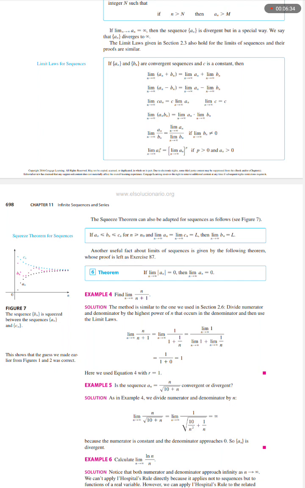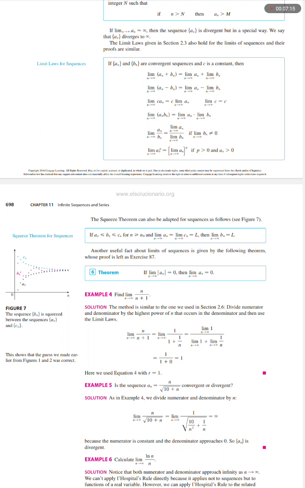If a sub n is less than or equal to b sub n, which is less than or equal to c sub n, for n greater than or equal to n sub 0, and the limit of a sub n as n approaches infinity equals the limit of c sub n as n approaches infinity equals big L, then the limit of b sub n as n approaches infinity equals L.